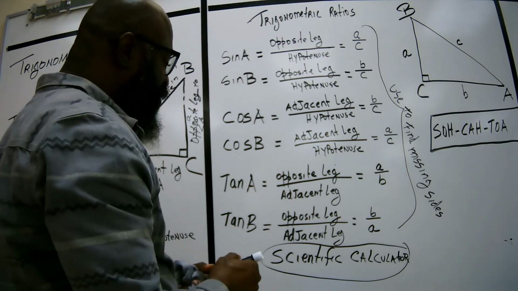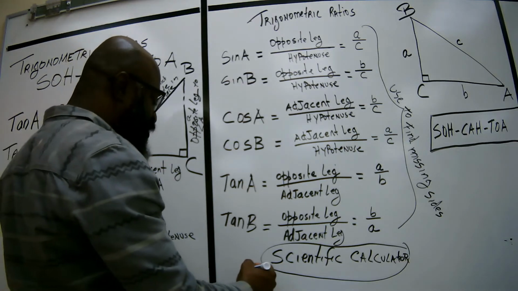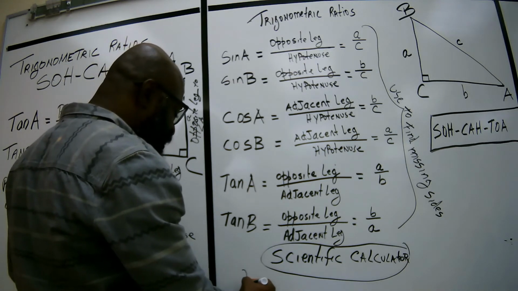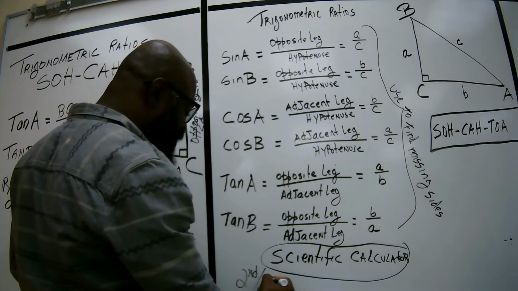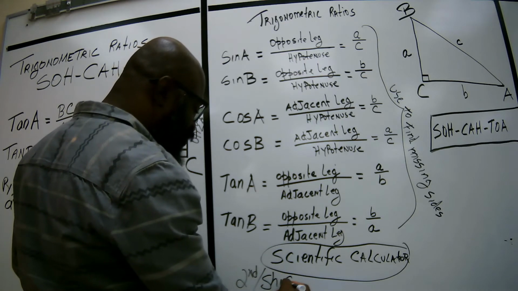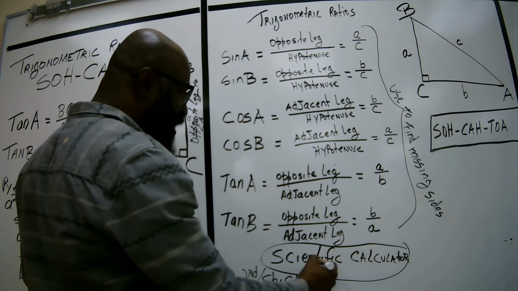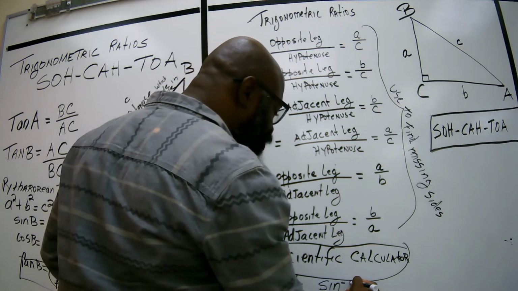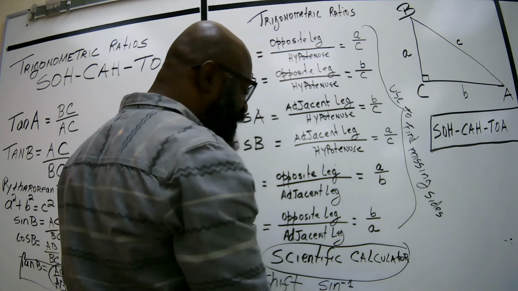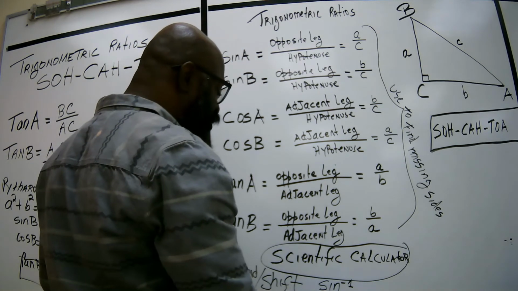trigonometric ratios. To find the inverse trigonometric ratios, your calculator has a key called either second or shift. You will have to use that key to change to sine inverse, which is sine to the power of negative 1. That's sine inverse when you're looking for an angle.